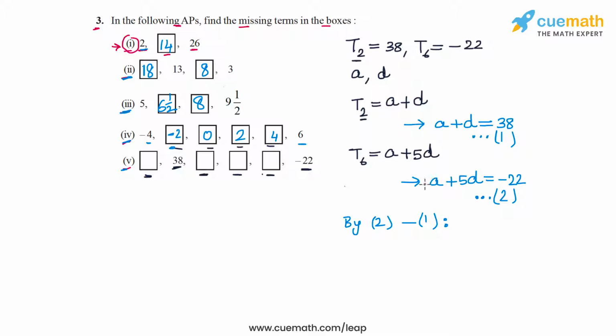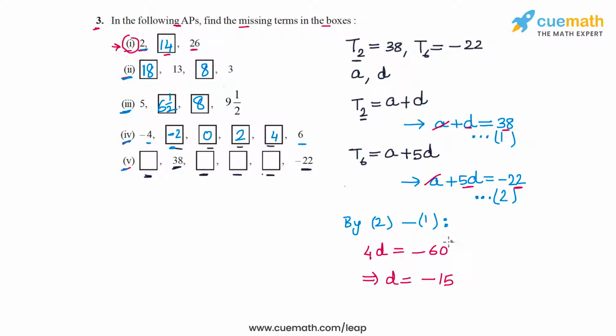So on the left hand side, the a terms will cancel out and I'll be left with 5d minus d. So that's 4d on the left side. And on the right side, I will have minus 22 minus 38. So that's minus 60. So 4d is equal to minus 60, or this means that d is equal to minus 15. Okay.